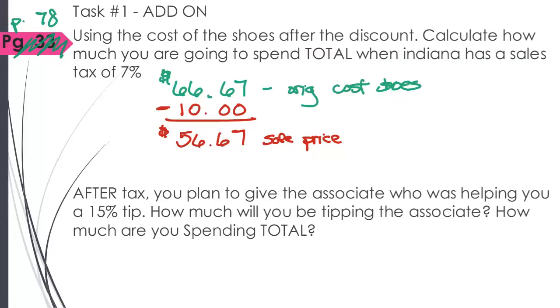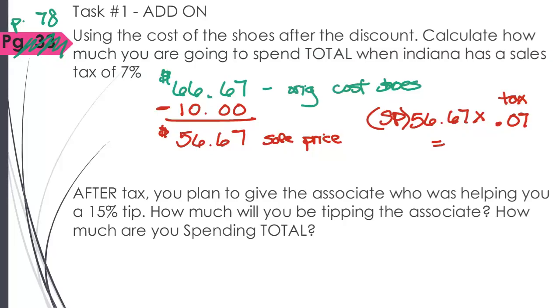So take the sale price, $56.67, multiply that by the tax, which is 7%. You have to change that to a decimal, 0.07. And what amount do we get?